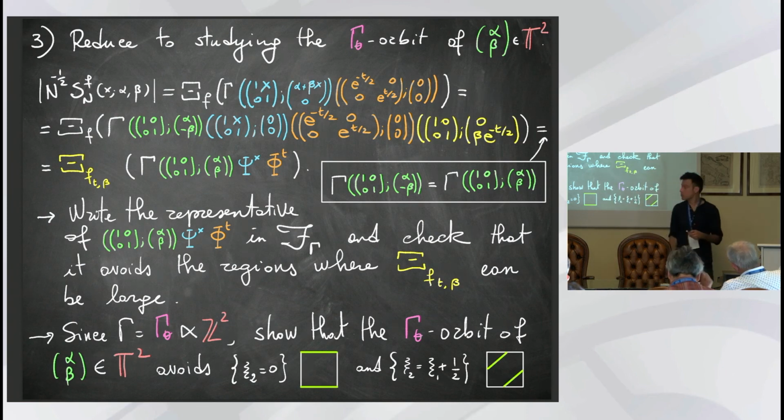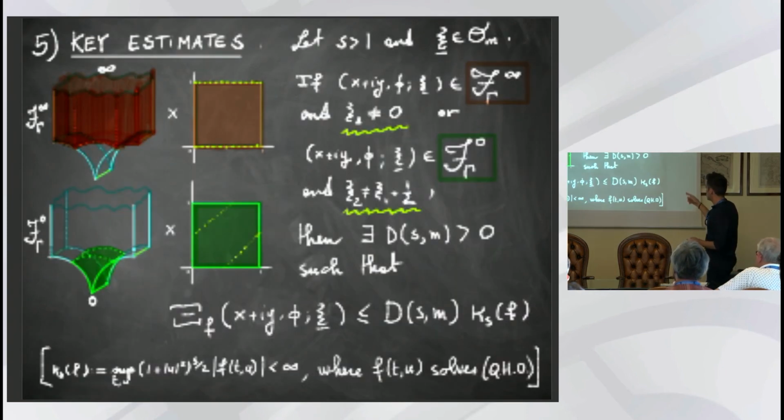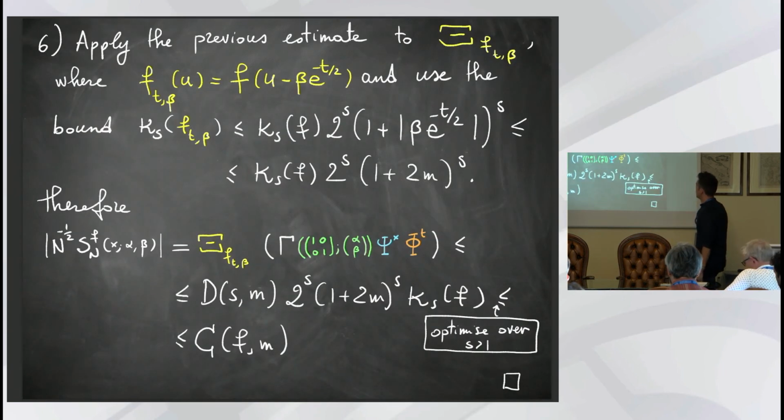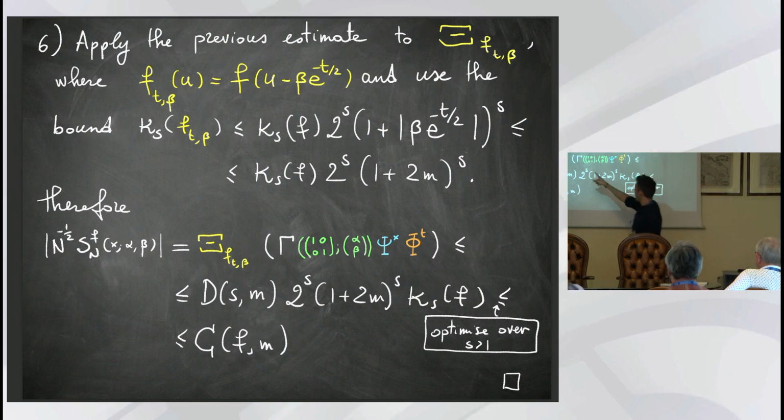So I need to make sure to apply this bound, not to f, but to the new f that is t and beta dependent. But that's not too hard to do. So somehow you can bound this kappa s quantity for the modified f in terms of the kappa s quantity for the actual initial f, and you pick up some extra, some multiplicative error, let's say.